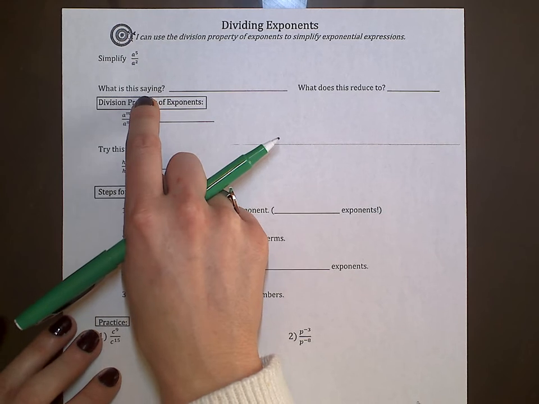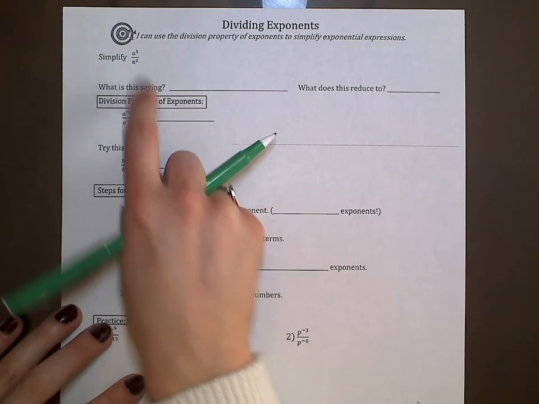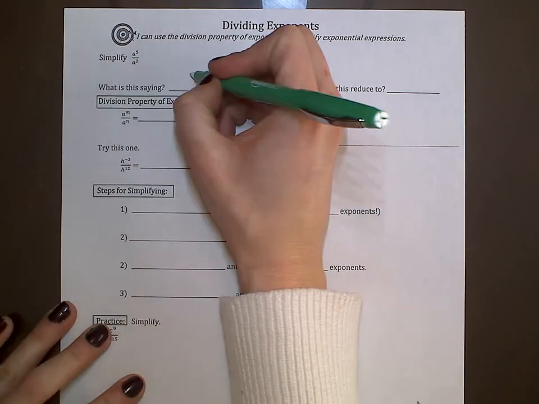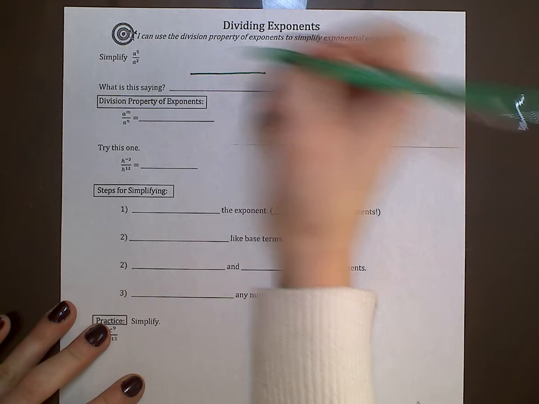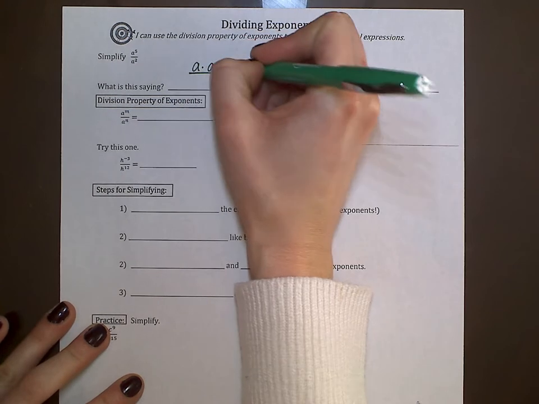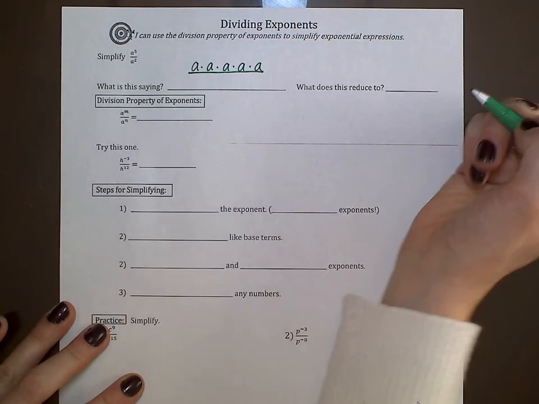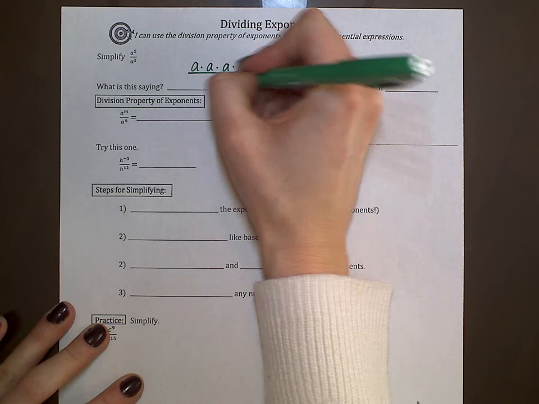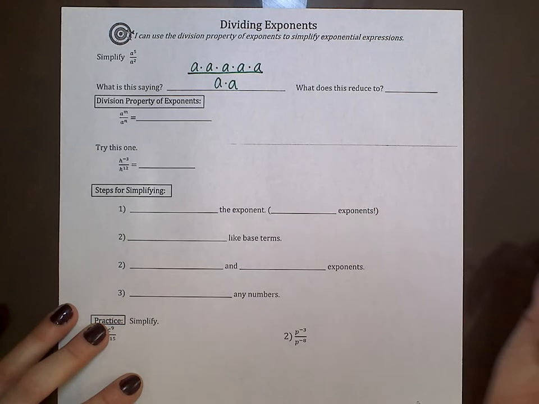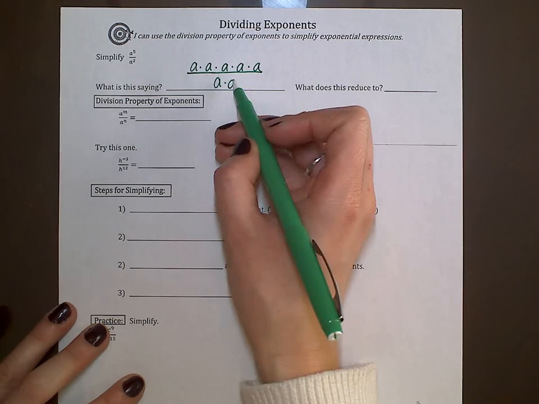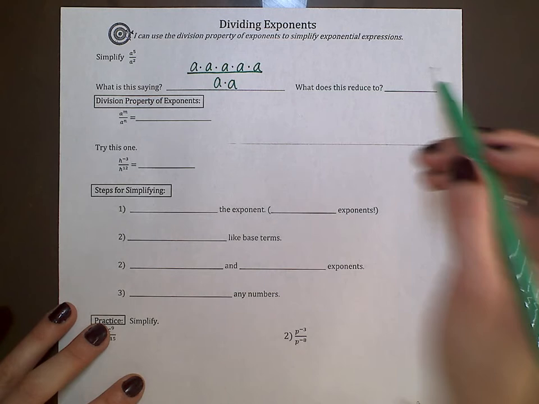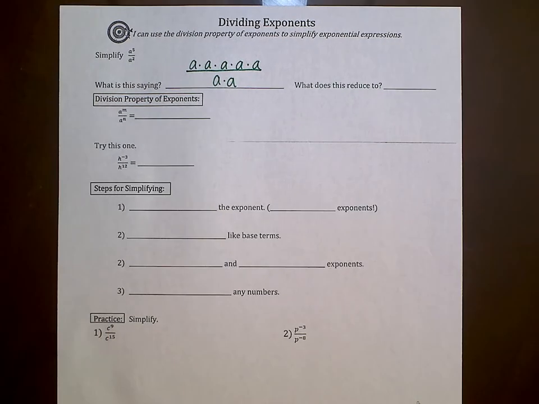So if I wrote it out longhand, basically on top of the fraction, a to the fifth is a times itself 5 times. And a squared on the bottom is a times itself twice. So that's really what I'm looking at here if I wrote it out longhand. Now think about what this would reduce to.